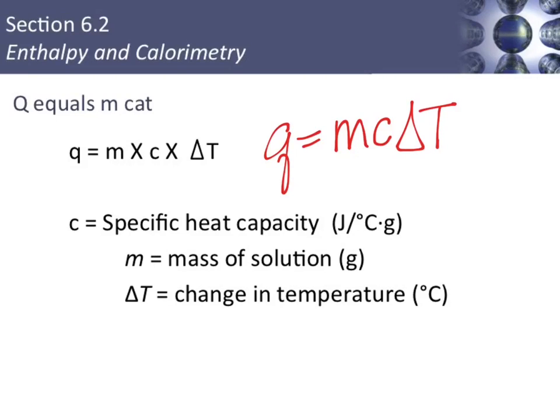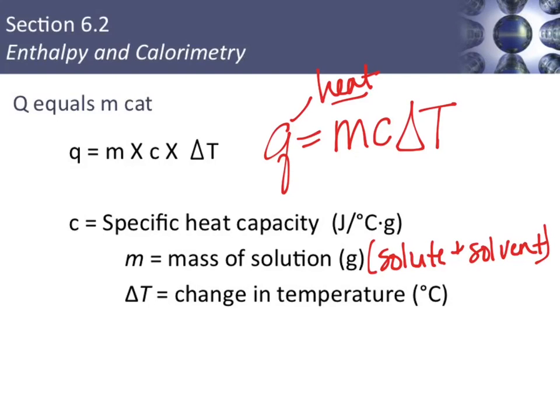M is your mass of your solution, so that's going to be your solute plus your solvent. And then delta T is your change in temperature. And of course, Q is heat.